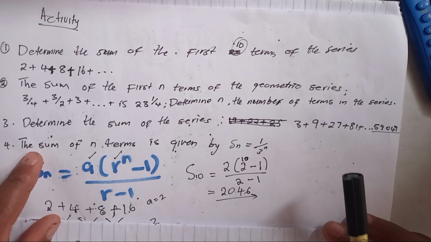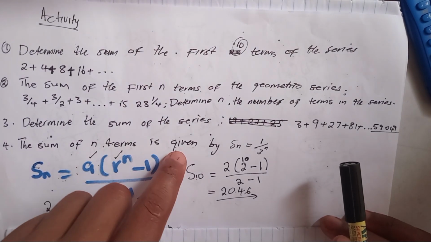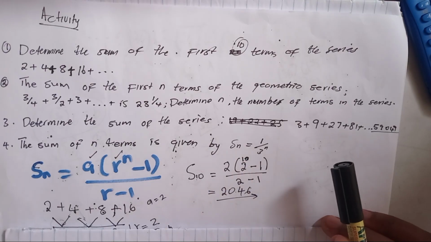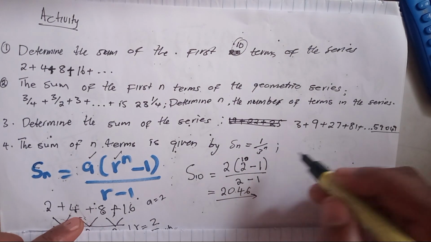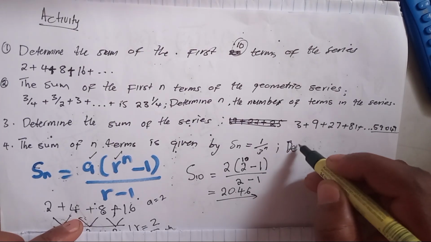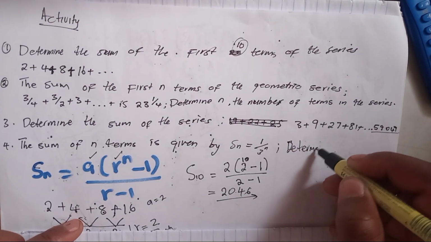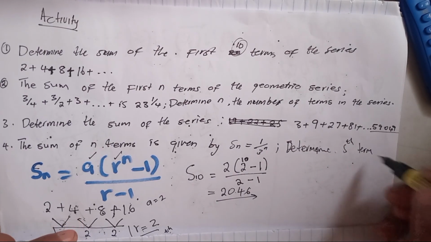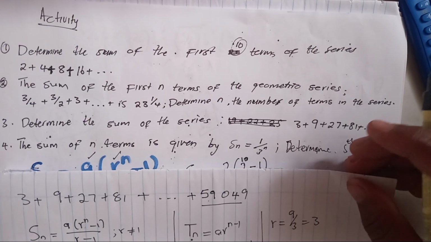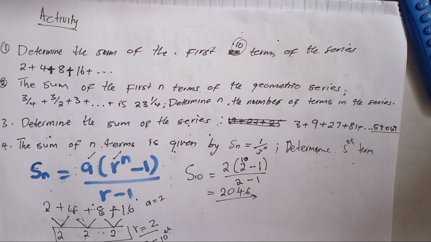They say the sum of the nth terms is given by, so in this case, they say determine the fifth term. They are looking for the fifth term, guys. So how are we going to work on this kind of question?